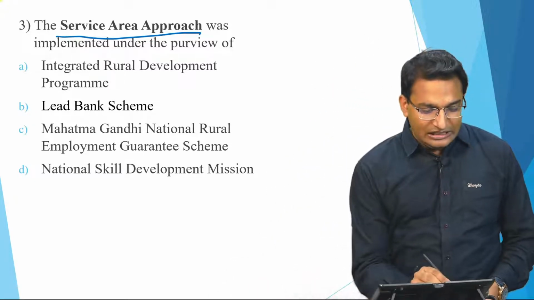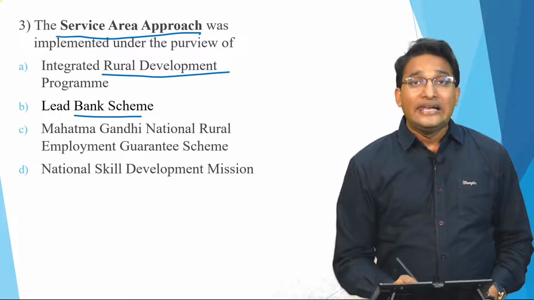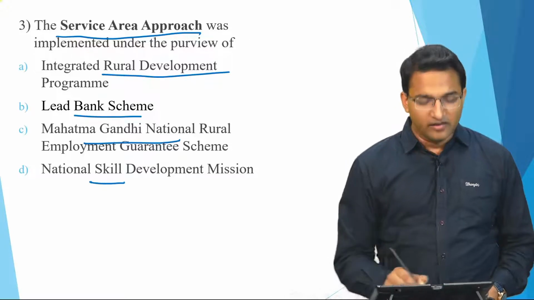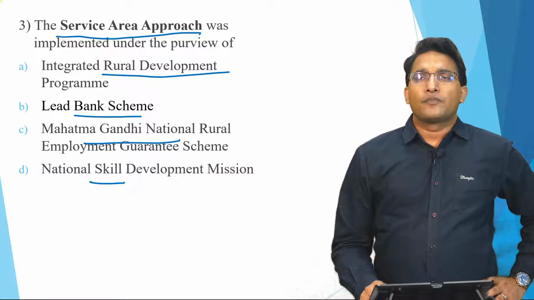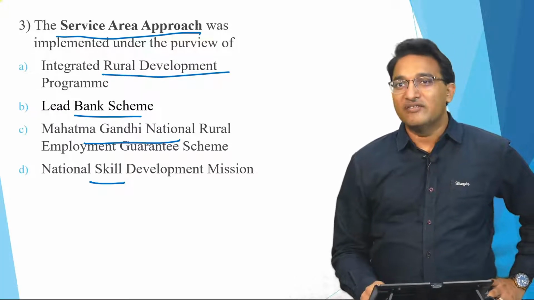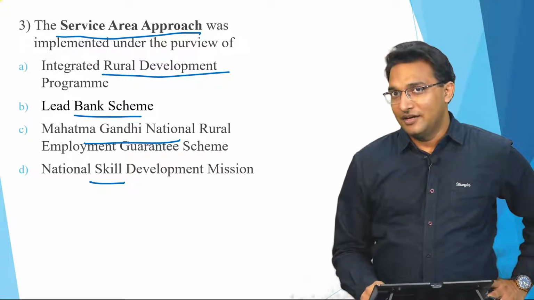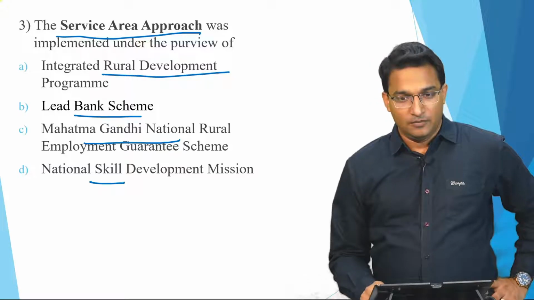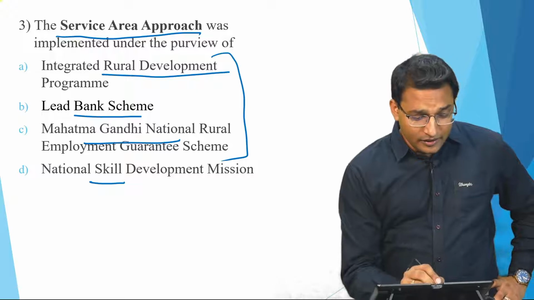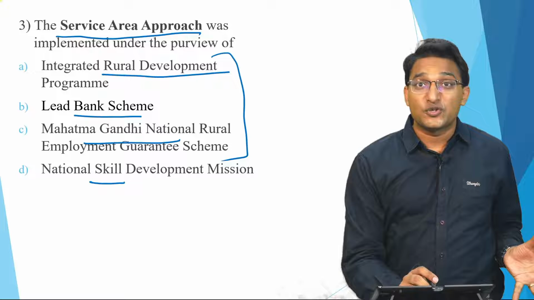The first option is Integrated Rural Development Program, IRDP. Option B is Lead Bank Scheme. Option C is MGNREGA, and option D is National Skill Development Program. Prima facie, if you don't know that the service area approach is a government scheme in the banking sector, you might get confused between these options, because the Integrated Rural Development Program is for rural areas, so it can look like an area-based program.